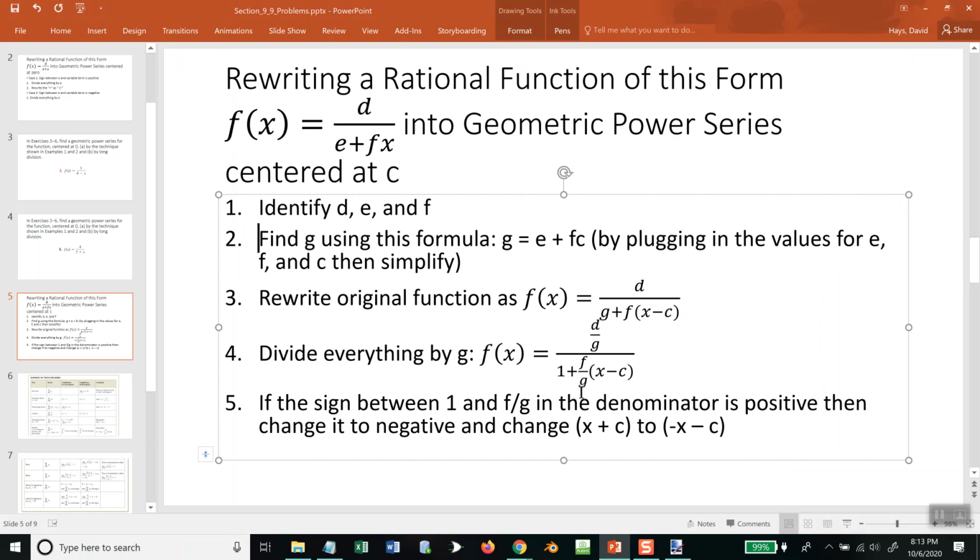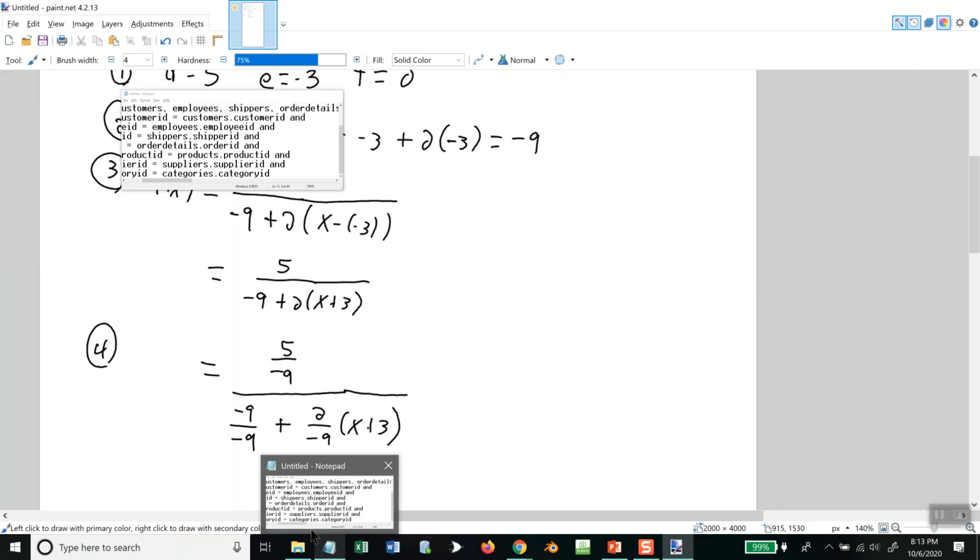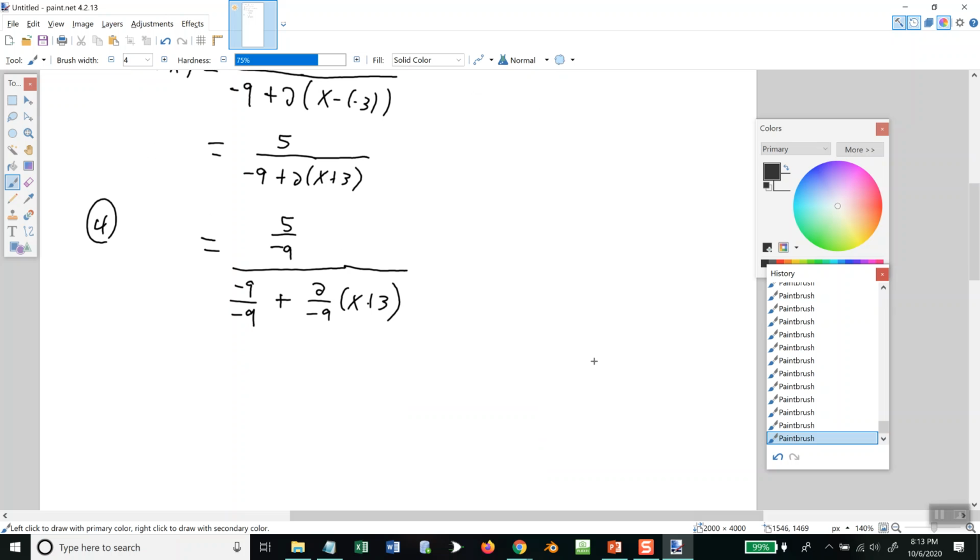Step 4, divide everything by G. G was -9. So 5 divided by -9, -9 divided by -9, plus 2 divided by -9, X plus 3. So it gives us -5/9 over 1 minus 2/9 X plus 3.